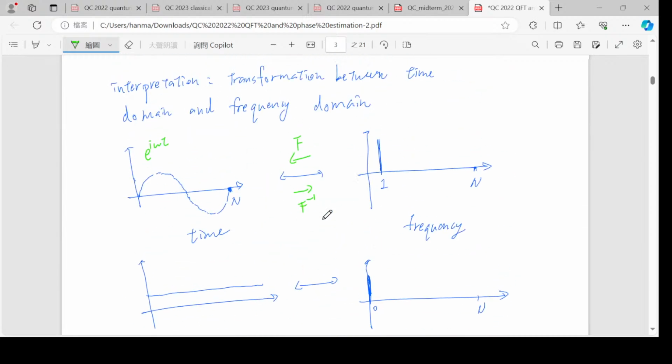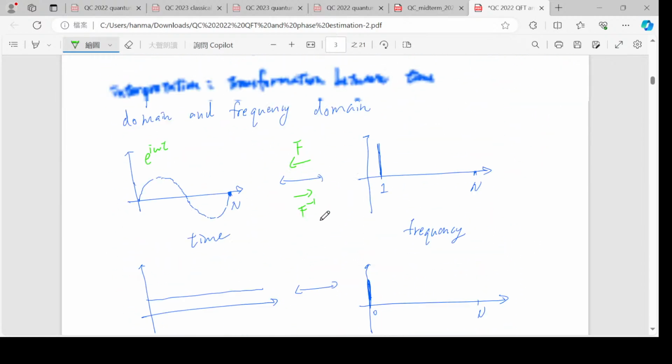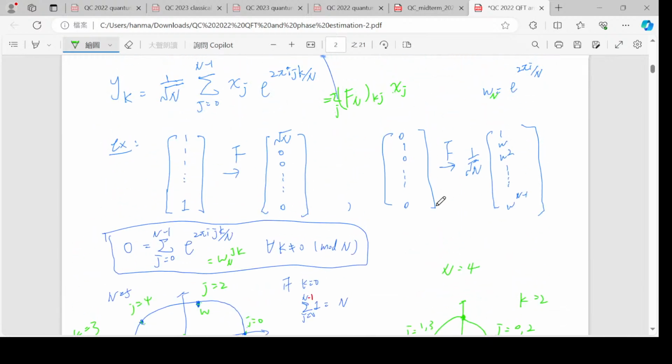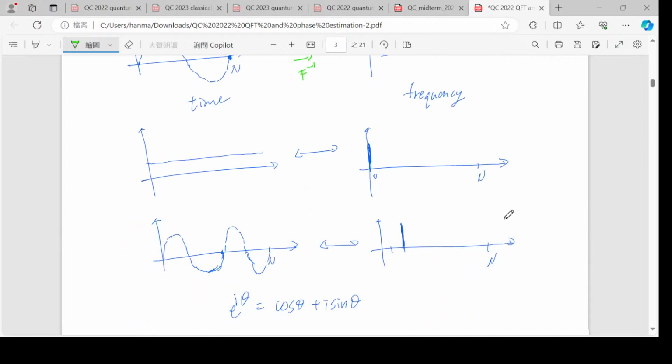So this is a very quick intuition. Now this example in terms of the picture here, we are doing something really funny.